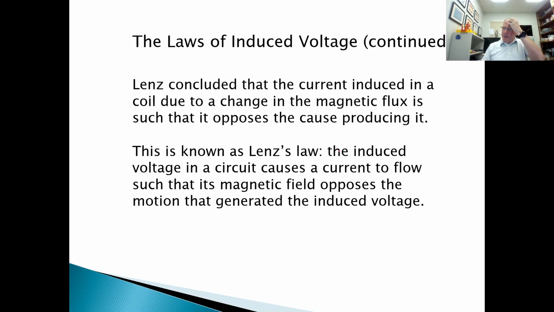Now, another discovery was when Lenz concluded that the current induced in a coil due to a change in the magnetic flux is such that it opposes the cause producing it. This is known as Lenz's law. And the induced voltage in a circuit causes a current to flow such that its magnetic field opposes the motion that generated the induced voltage.